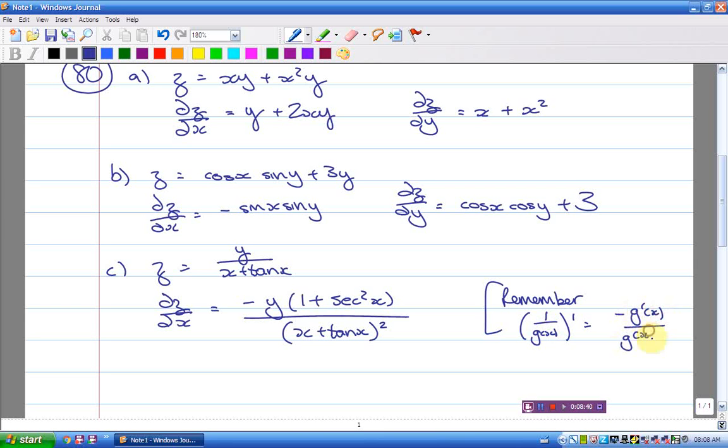Yeah, well, basically this is quotient rule. It is quotient rule, but the derivative of the numerator is 0, because the numerator is a constant.